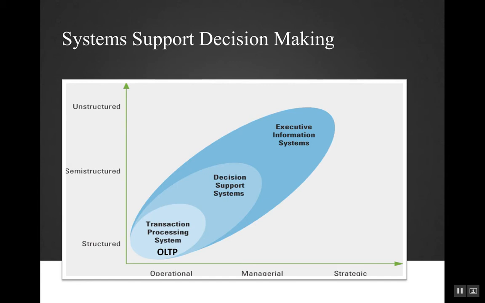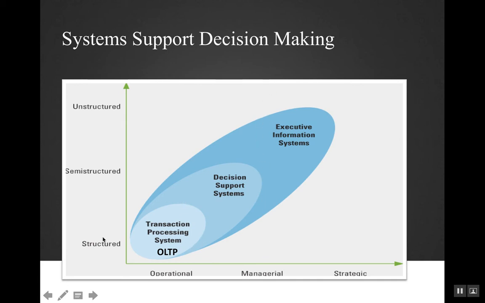This idea of these different types of data and different types of decisions translates to different types of applications. If we chart this out, measuring structured, semi-structured, unstructured against operational, managerial, and strategic levels, what we see is a matching of applications, a set of applications specifically designed.